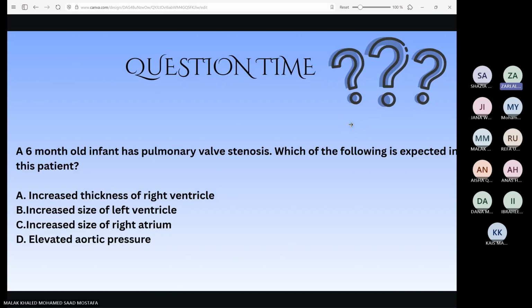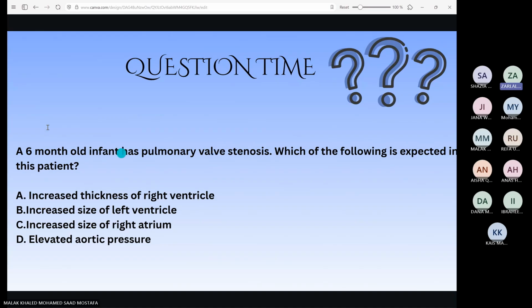Okay, question time. A 6-month-old infant has pulmonary valve stenosis. Which of the following is expected in this patient? Pulmonary valve stenosis. So the pulmonary valve is where?